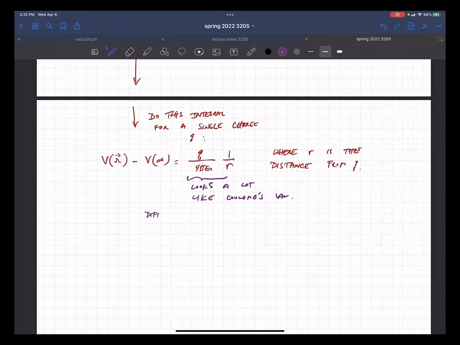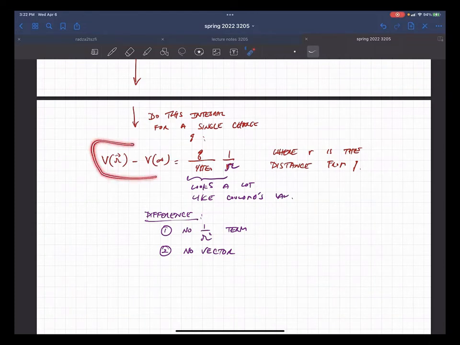For one, there's no 1 over R squared term. And two, very importantly, there's no vector.